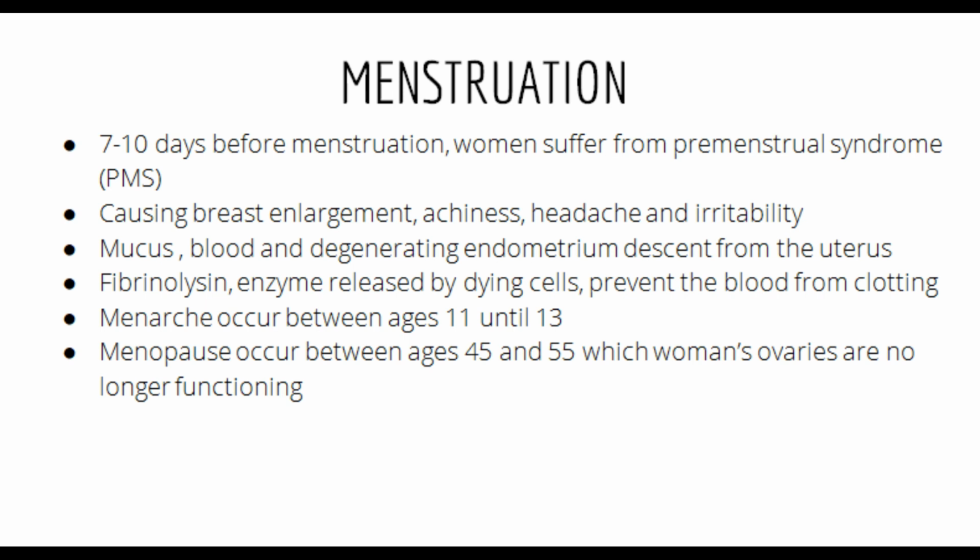Alright? Okay, so next is menopause, which will occur between age 45 and 55, when women's ovaries are no longer functioning. It's actually stated that if you have an early menarche, you will also have an early menopause.